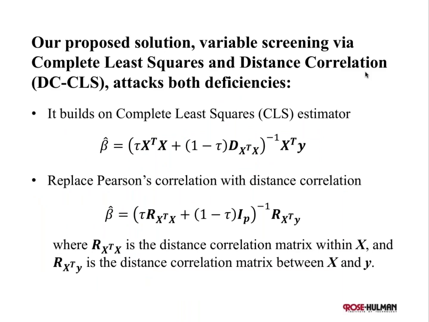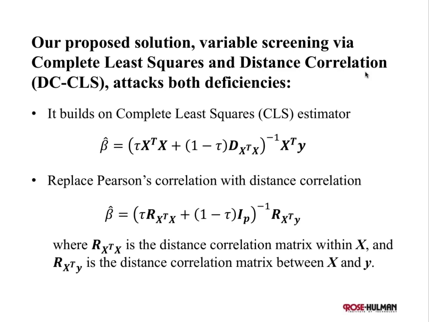So our proposed solution, variable screening via complete least squares and distance correlation, attacks both deficiencies. This estimator is built on the complete least squares estimator, which is shown here as beta hat. If the design matrix X is centered and scaled appropriately, and the response vector Y is centered and scaled properly, then we can replace X transpose X and X transpose Y with the appropriate correlation matrix.